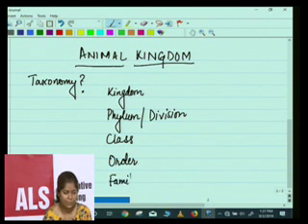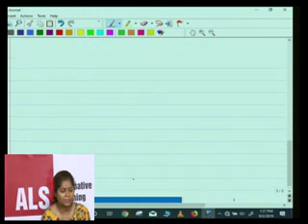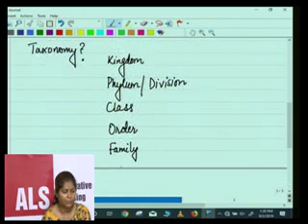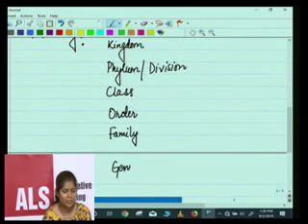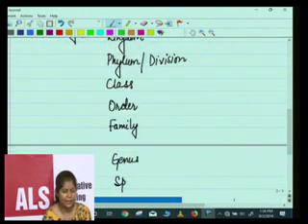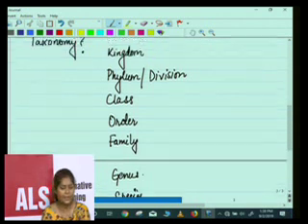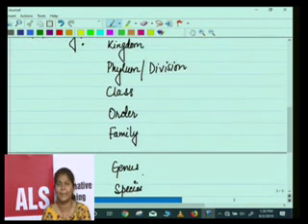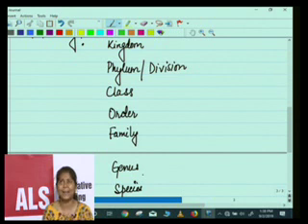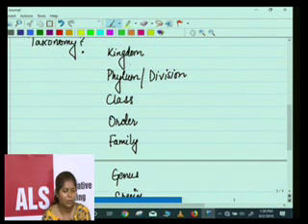Then we have family, followed by genus, and finally we have species. So we have these many things, and they are all taxon, like kingdom is a taxon, phylum is a taxon, class is a taxon. Similarly, order, family, genus, species, all the components are a taxon. Taxon is singular, taxa is plural.